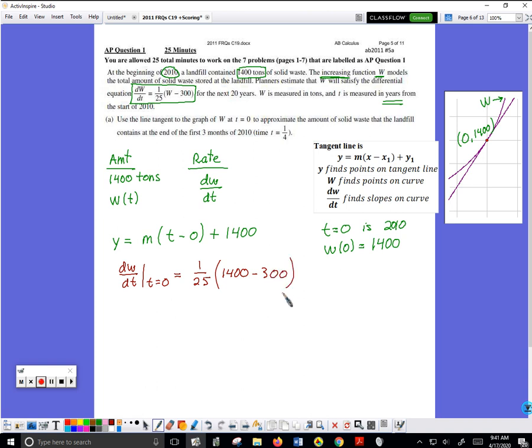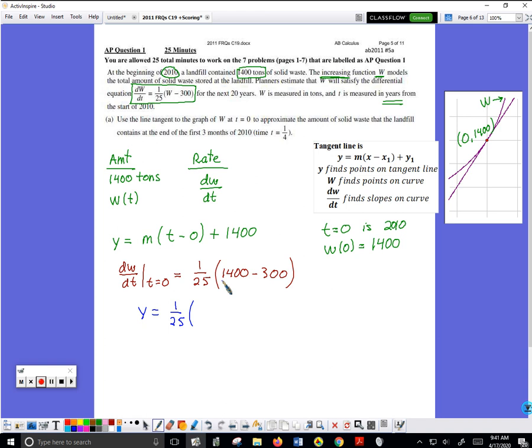It's perfectly fine. So then you write y equals, here's my slope of this curve right at that point. So I write in that slope, 1 over 25. I guess I could simplify this quick.